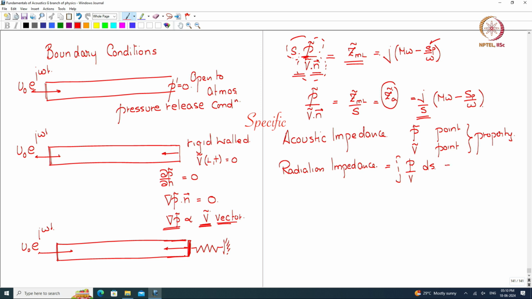So this will again have mechanical impedance units, okay. So leave this idea for now, we will talk about it when it comes. So we have acoustic impedance, which is pressure over velocity, and given by Z tilde A at a point in space.